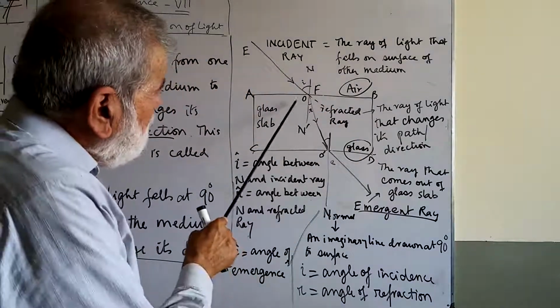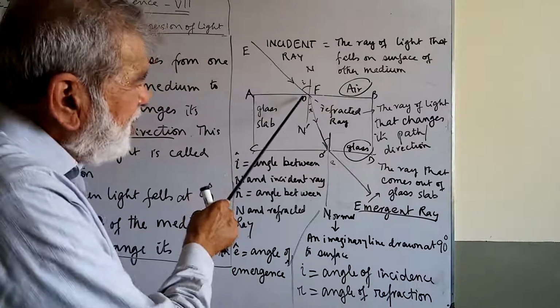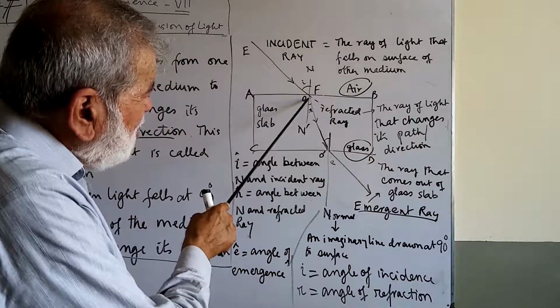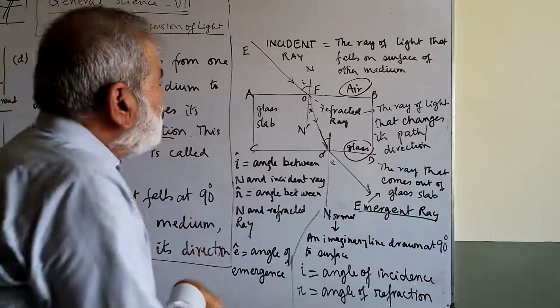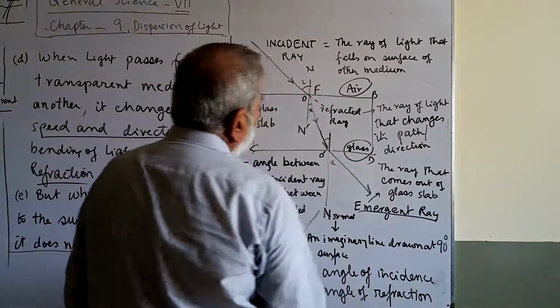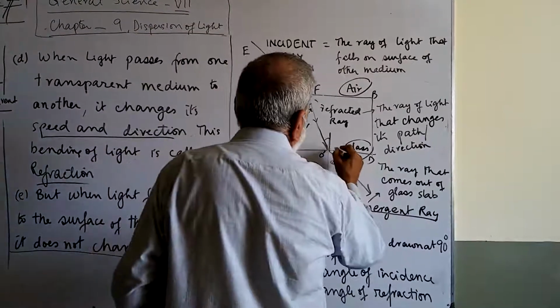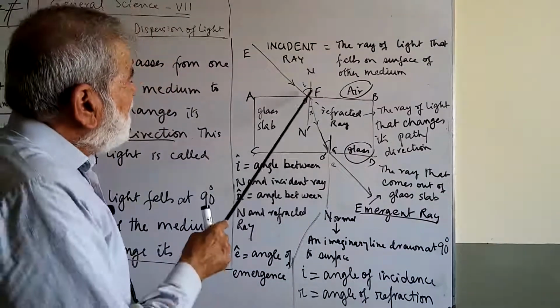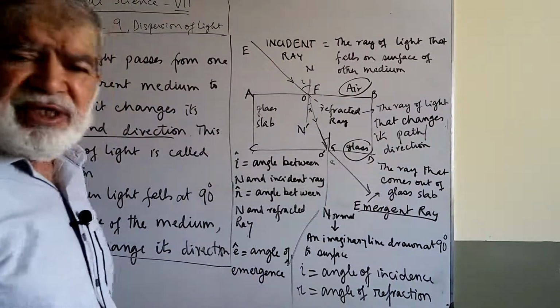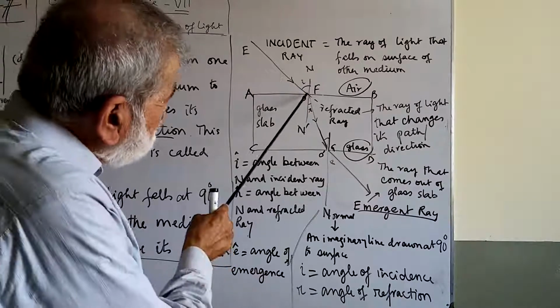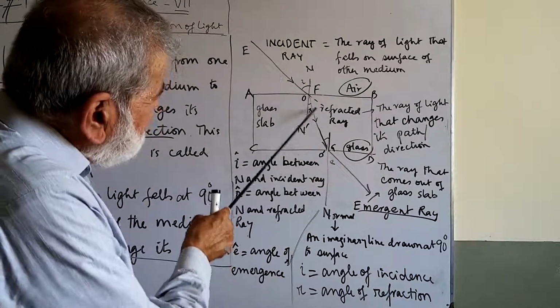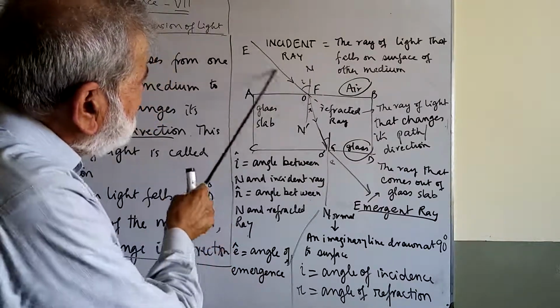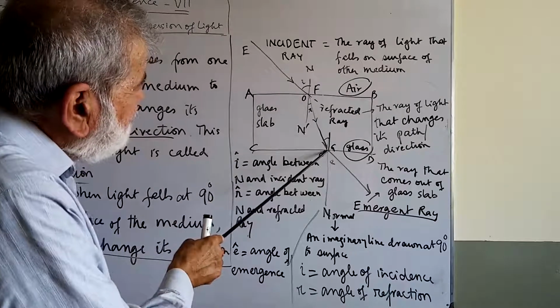Now this ray, you can name it O and O dash or FG, this ray FG, this is the refracted ray. So this ray is refracted. This is called the incident ray, the refracted ray.